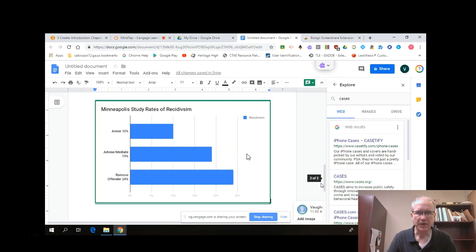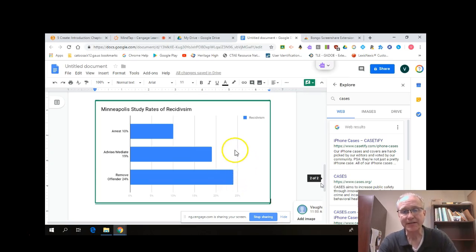So, very briefly, we're seeing that in the treatment group that was arrested, only 10% was rearrested, but for advised consent, this percentage was rearrested, and of those that were removed from the home, a whole bunch more.